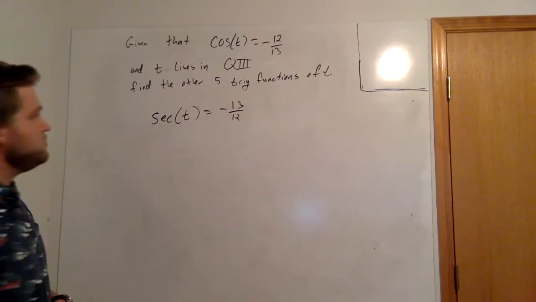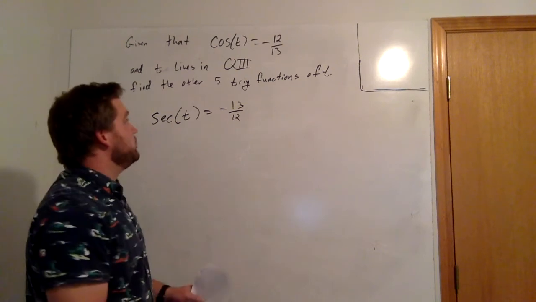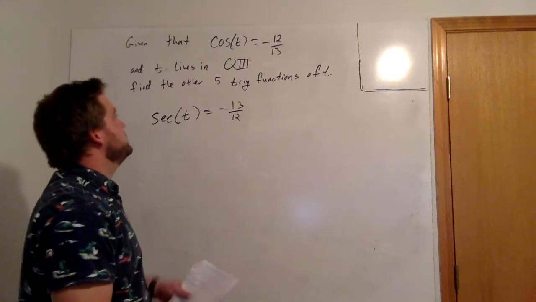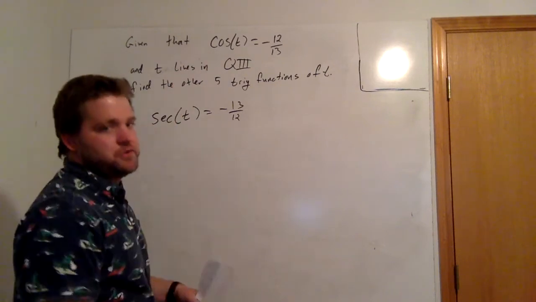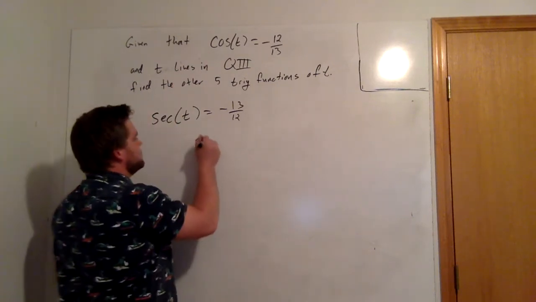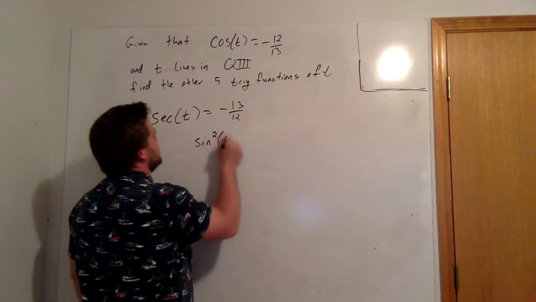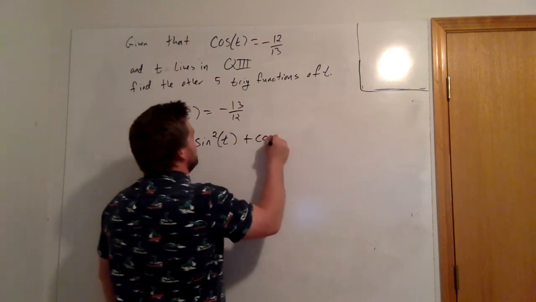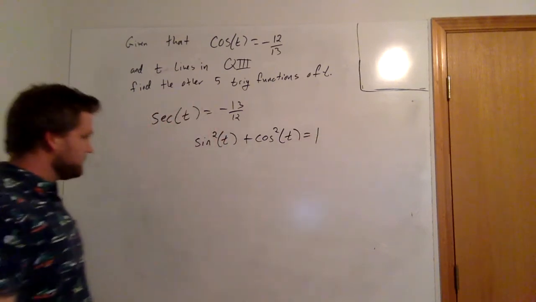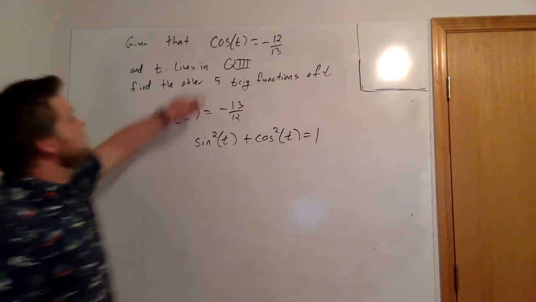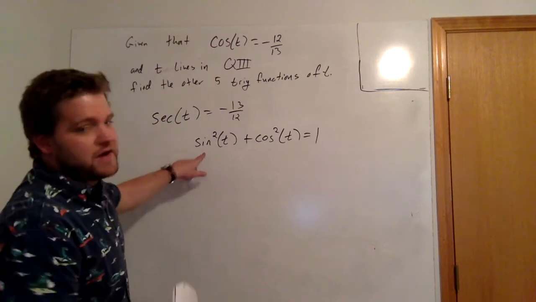Okay, let's try to find sine. Remember, cosine and sine are great buddies, and there's a nice Pythagorean identity that relates them: sine squared of t plus cosine squared of t is equal to 1. So if I know cosine, I can solve for sine.